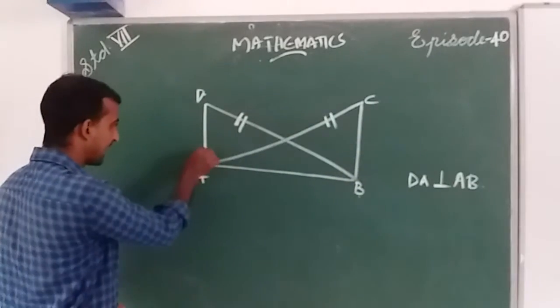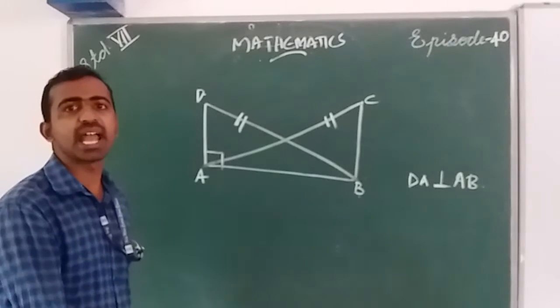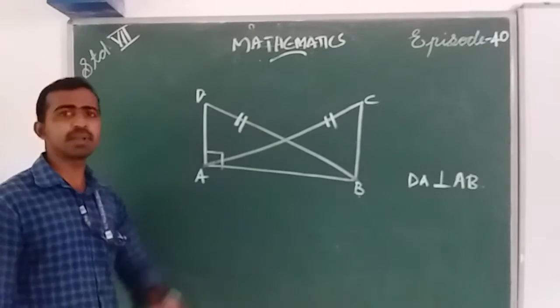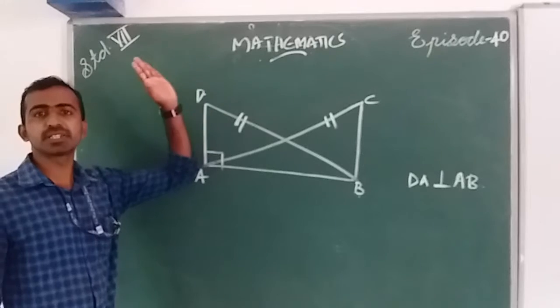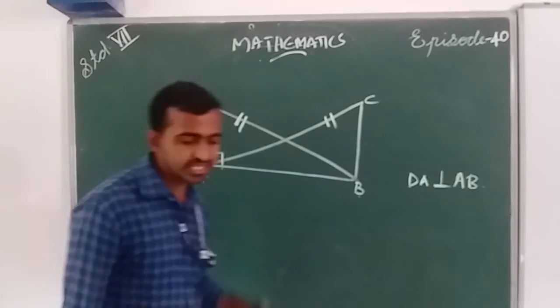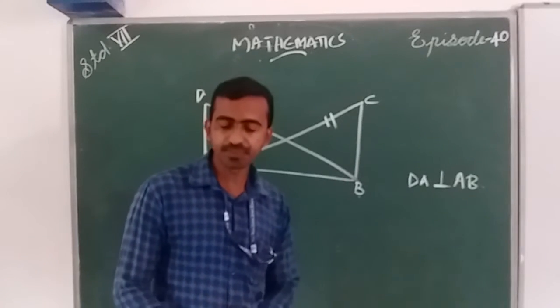That means this angle is 90 degrees. A perpendicular line means they make 90 degrees.